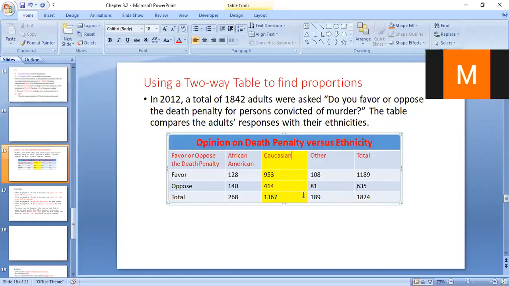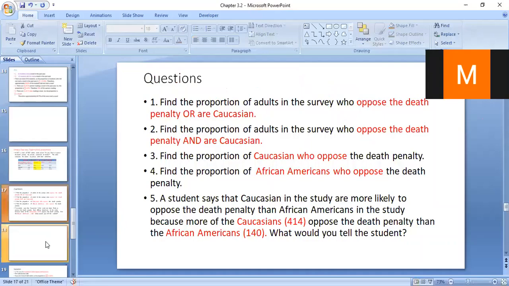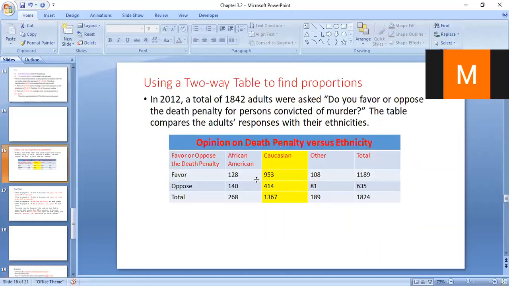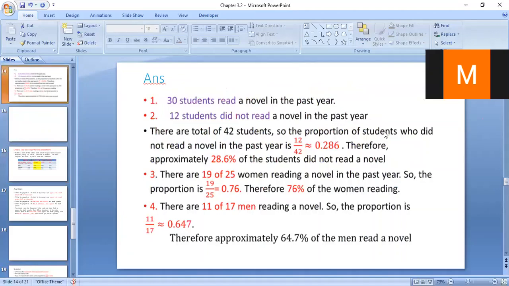You add together this one. The Caucasian is 440, but the Caucasian is everything in this one. So you add everything together and you will get the number. You add everything, you will get 1,588. You add for Caucasian, the question is all, right?